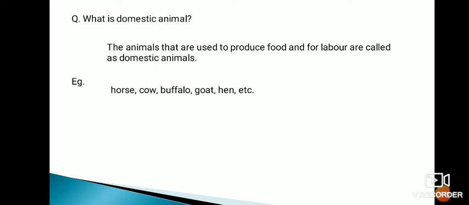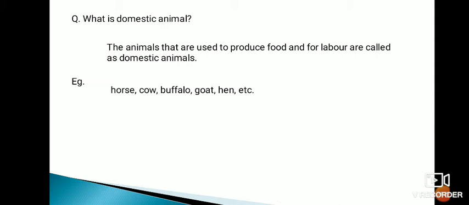Now, what is a domestic animal? We should know the meaning, okay. The animals that are used to produce food and for labor are called domestic animals.